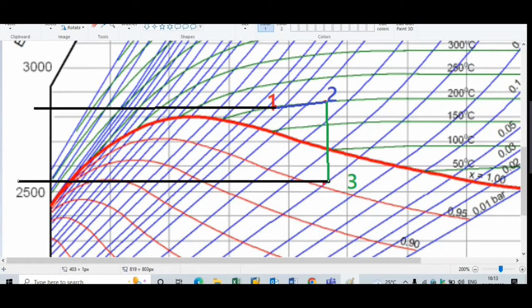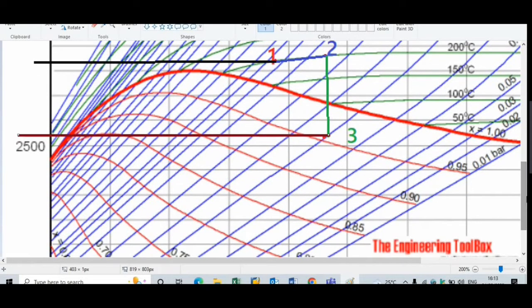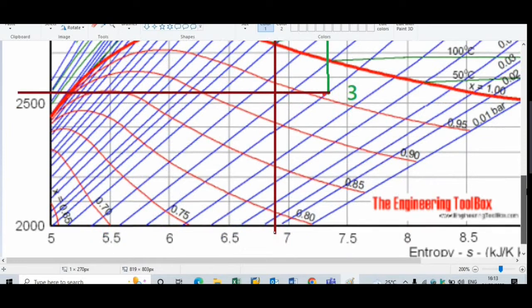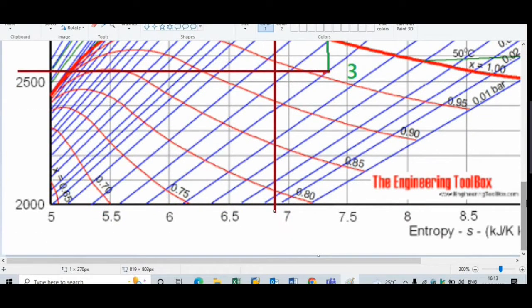Now in the same way we will find out the entropy, because the change in entropy is what we have to find out. So I will use a different color here. Now we will extend this point 1 and we will find out what is the entropy at this point 1. If we observe, entropy at this point 1 is 6.84 kilojoule per kilogram Kelvin.